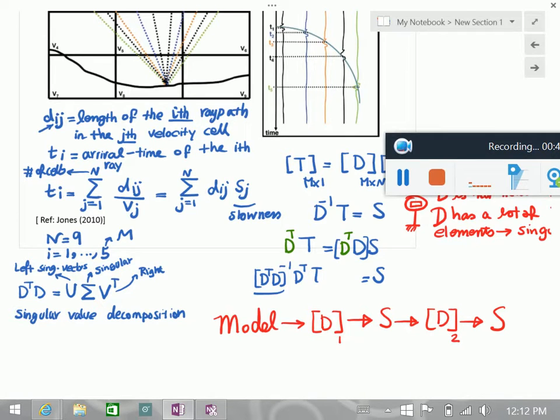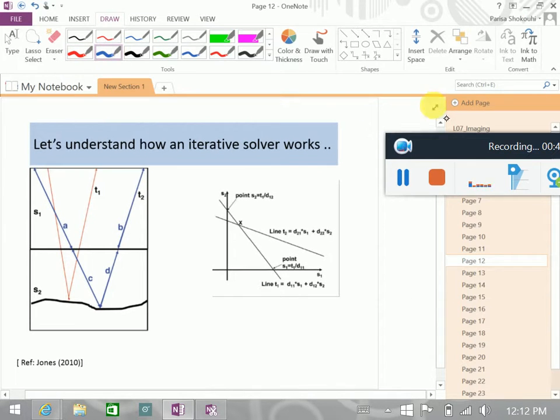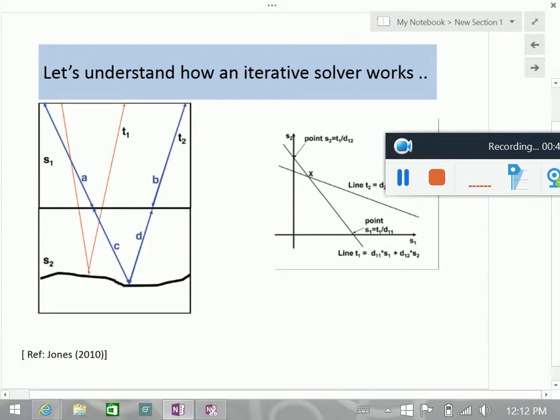How does this iteration work? Just in a very, very simple example. Now, if we have just two media like that, the top medium has the slowness S1, the bottom medium has S2. Very quickly, write down the equations for T1 and T2 with the notations we had before.